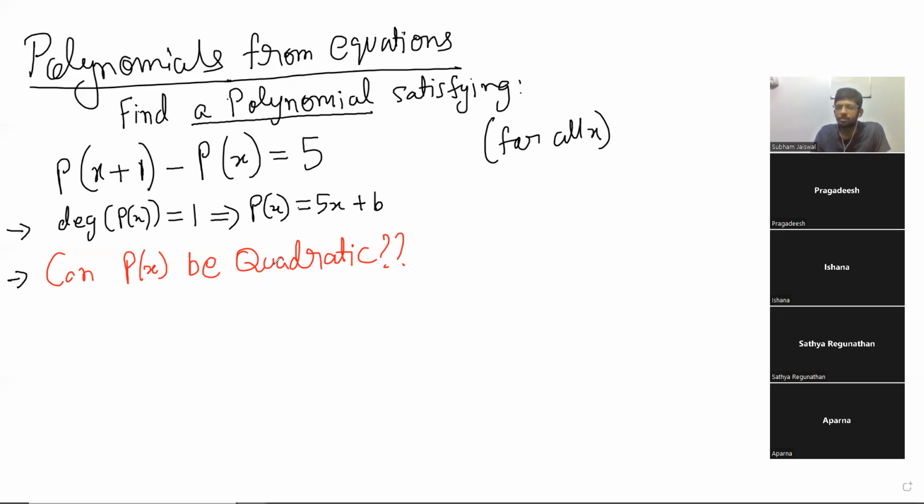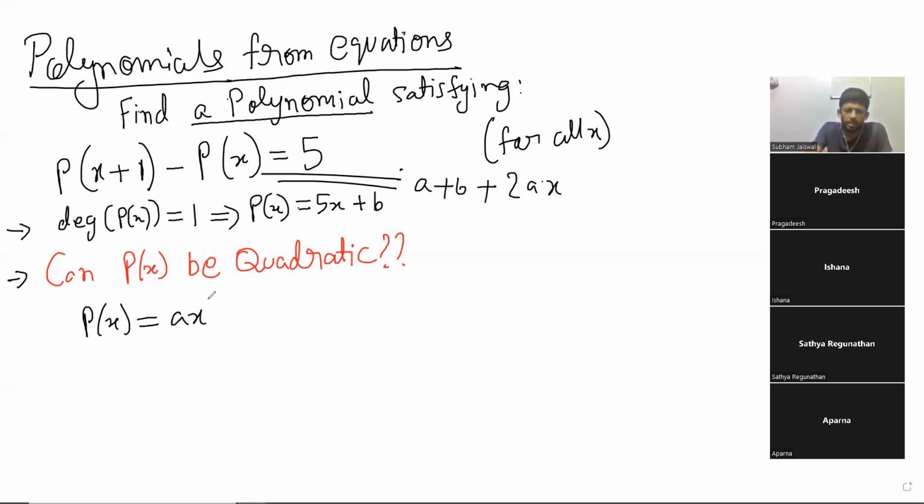The difference is coming a plus b plus 2ax equals 5. And then it is not possible because it cannot be a constant. Everybody can just try that.